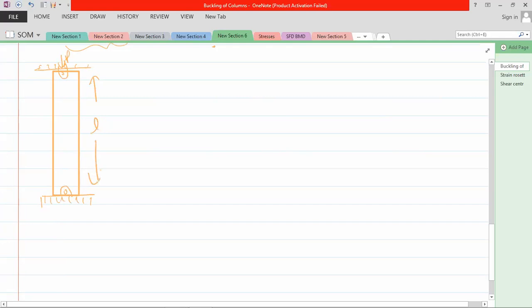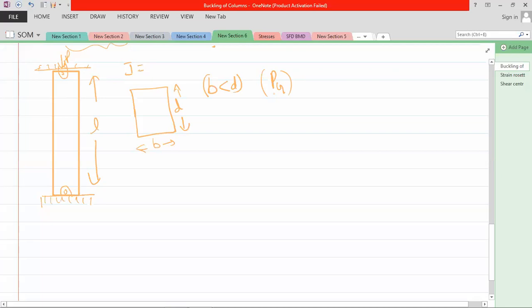For the I value you need to find the cross section. What is the cross section of the beam? The cross section is a rectangle. This is your D value. Now you need to know that B is less than D. This is your condition, and you need to find what is the P critical load for which buckling will happen.